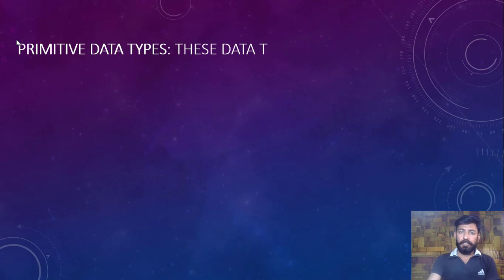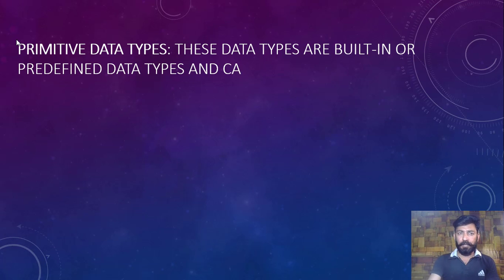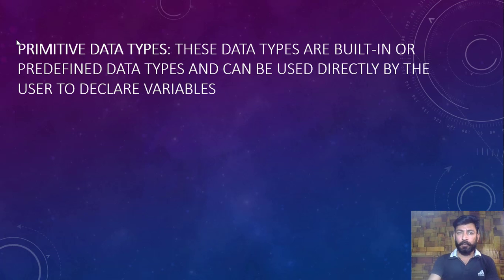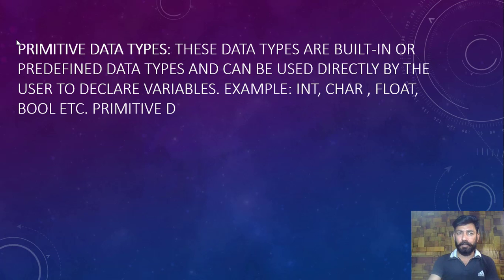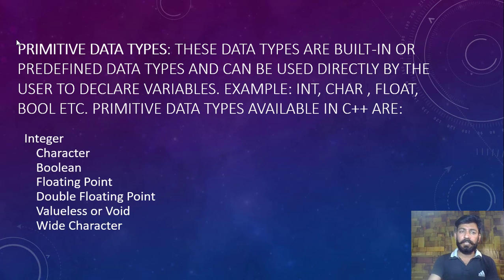Primitive data types. These data types are built-in or predefined data types and can be used directly by the user to declare variable, example int, char, float, boolean, etc. Primitive data types available in C++ are integer, char, boolean, floating point, double floating point, valueless or void, and wide character.